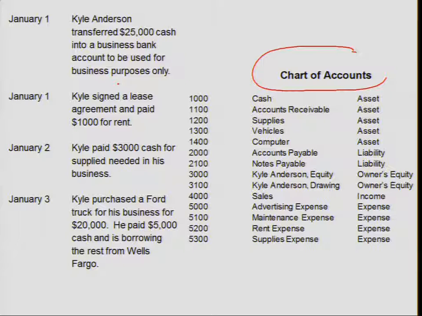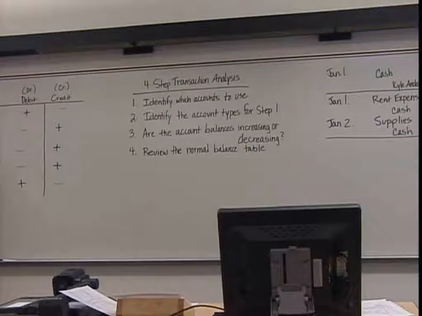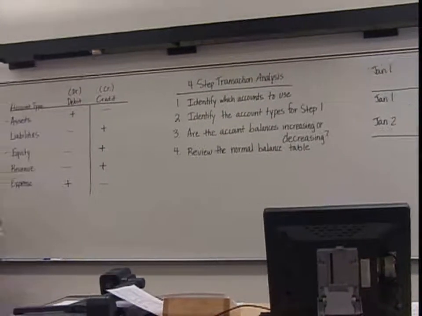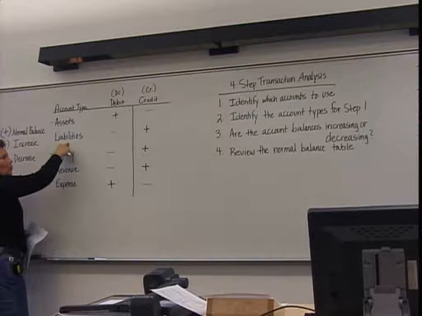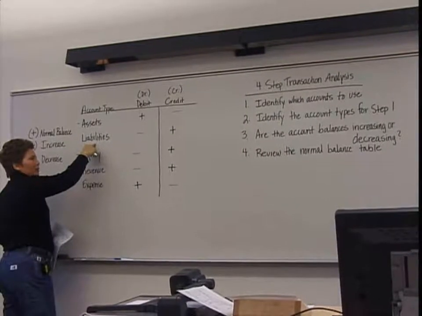Well, we're going to increase from your chart of accounts the vehicles account, which is an asset. We're also going to be decreasing our assets because of the $5,000 of cash that we are going to pay up front. But now we're going to use the liability account type because we are going to owe Wells Fargo the difference between what we pay and what we owe.